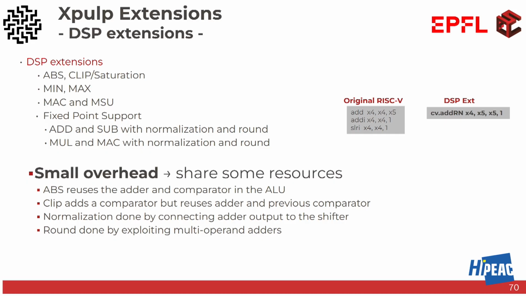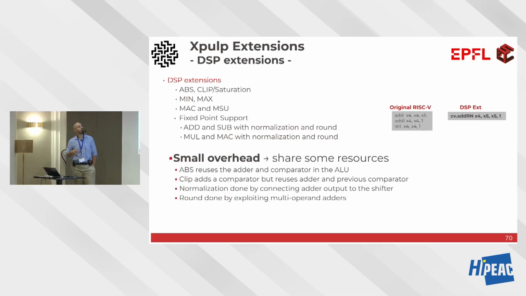They have some differences. Some of them are important, like 64-bit operations and so on. Some others are just very, very similar, and you just need to change the encoding, because this encoding is in the custom space, whereas RVB and RVP are in the standard encoding space. But apart from that, many of them would overlap, so the data path won't be different too much. So which kind of extensions do we find under the DSP extensions?